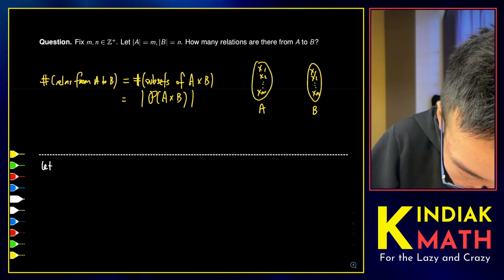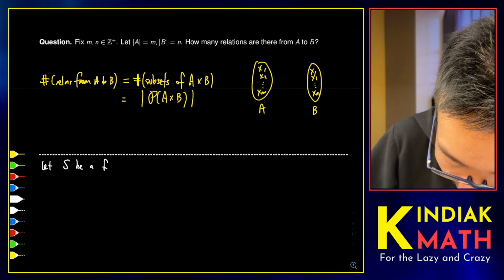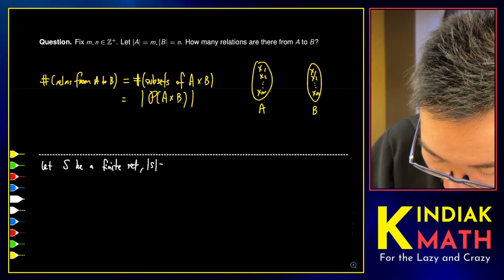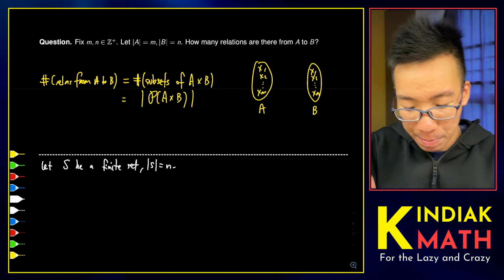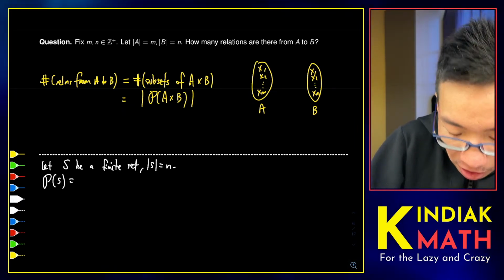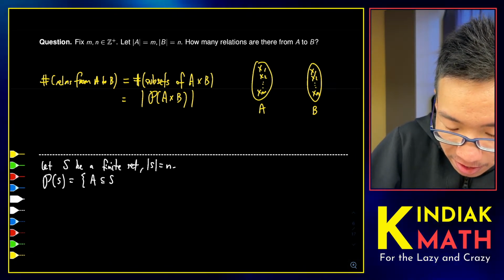We'll let S be a finite set, and suppose that it has size n, just to keep things simple. The power set of S is the collection of all subsets of S, right?